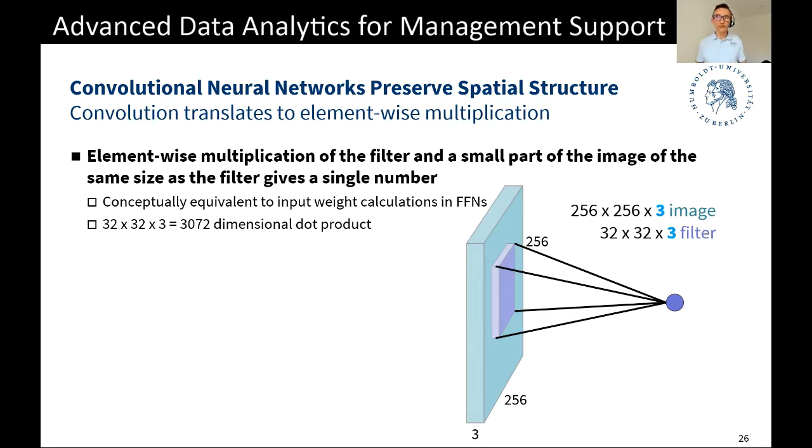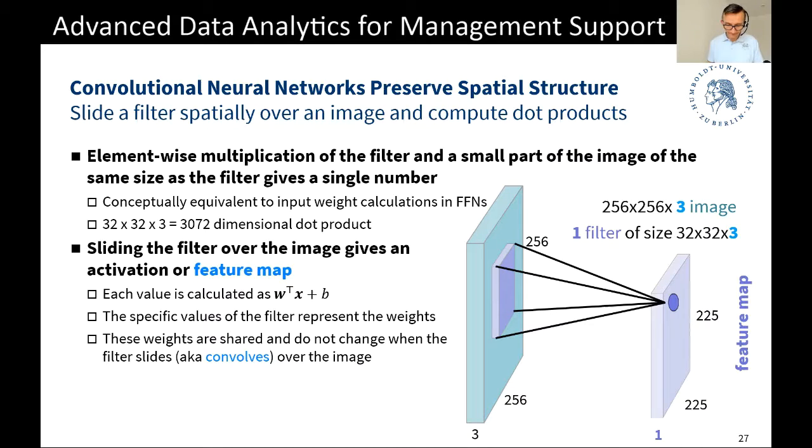Obviously, that does not tell us too much about the underlying image. This filter, however, we can move it. We can slide it over the image. If we slide it over the image, then again, that's a little bit like calculating a moving average. More than a little bit, if you think about it.